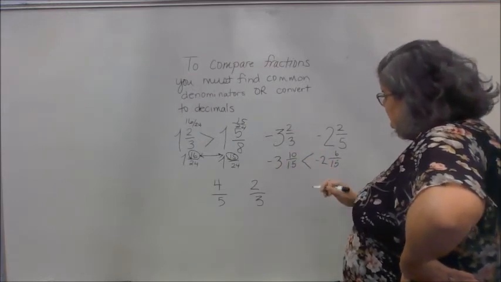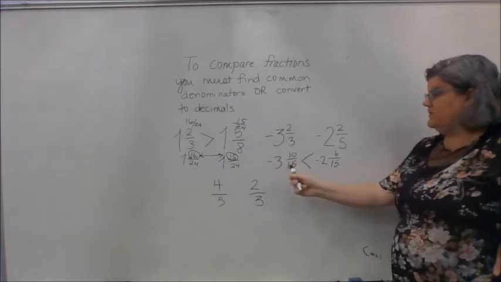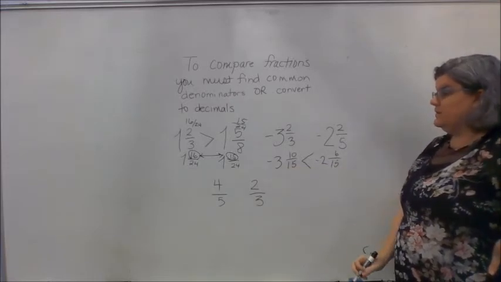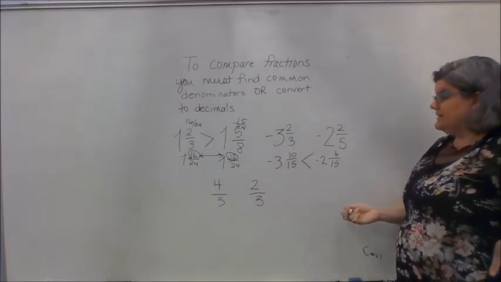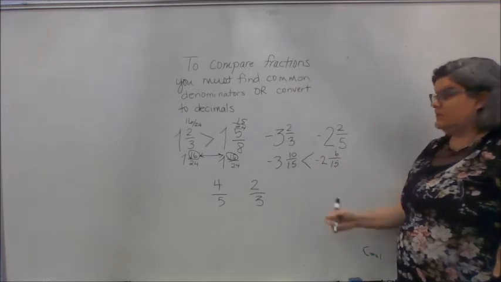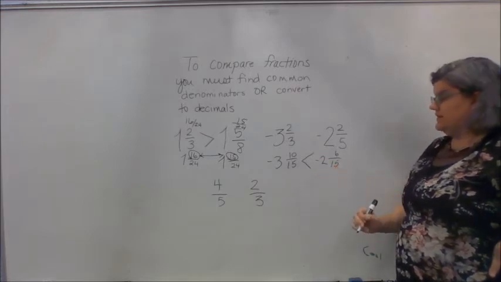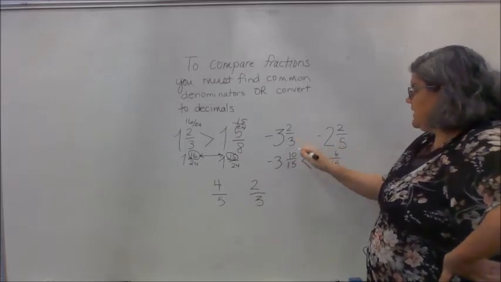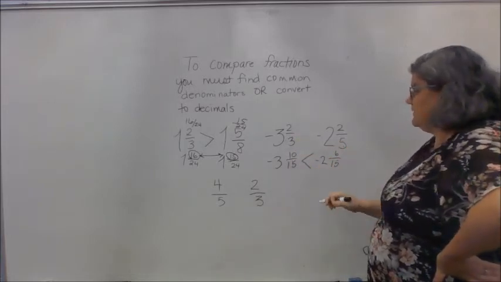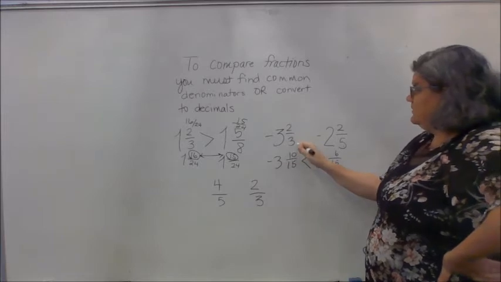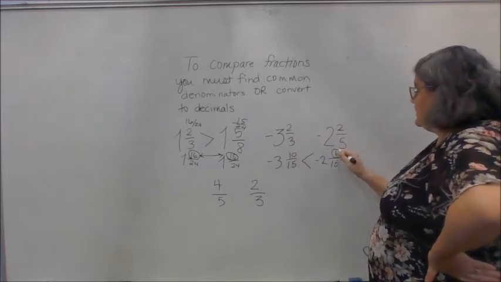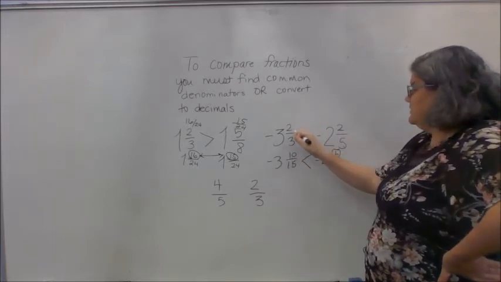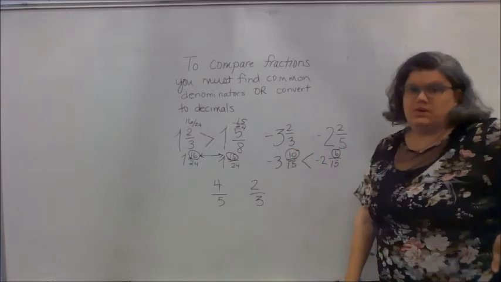We're going to use this symbol again because although if this were positive, this would be the one that's larger, since it is negative, the one that looks smaller actually ends up being larger. And again, I really just did 3 times 5 and got that both denominators were going to be 15. Well, here I needed to do 3 times 2 to get my new numerator, and then 5 times 2 to get this new numerator.